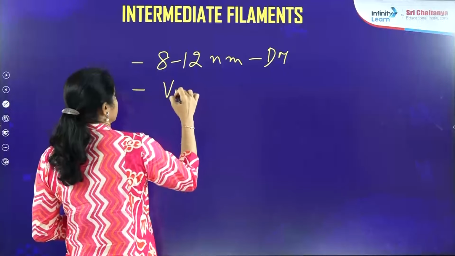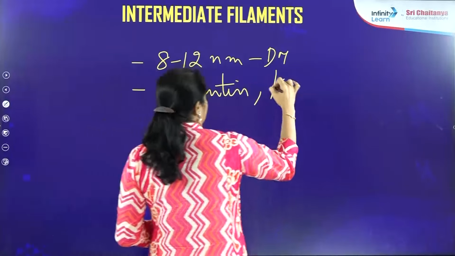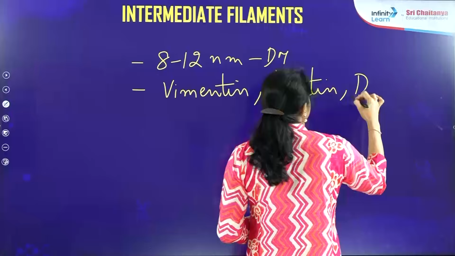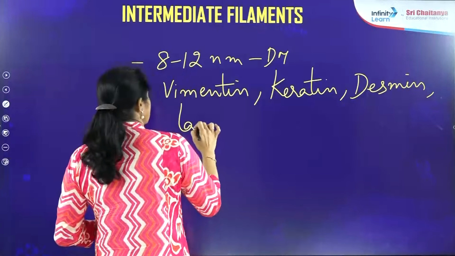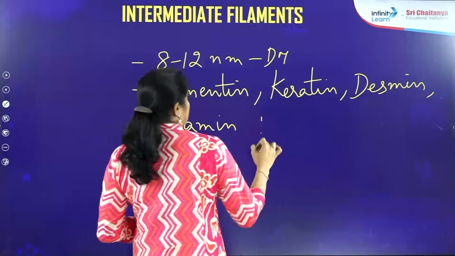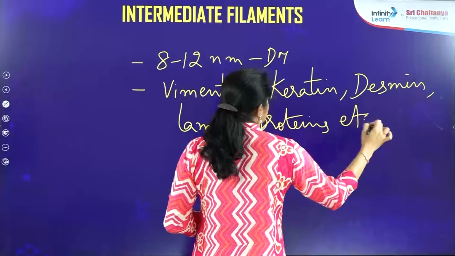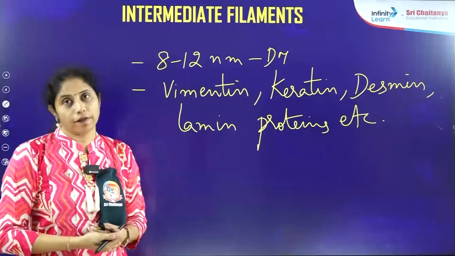Different proteins are there: vimentin, keratin, desmin, lamin, and so on. These are all different kinds of proteins present in the intermediate filaments.